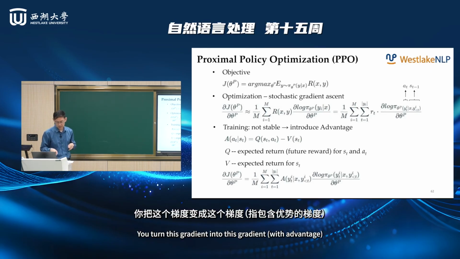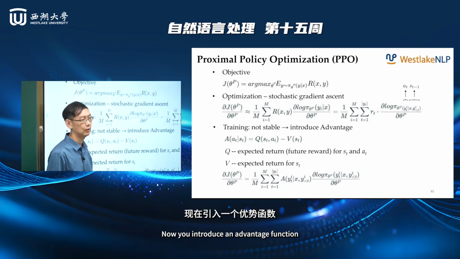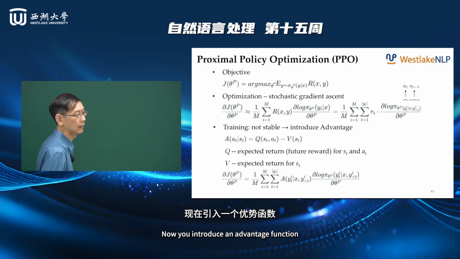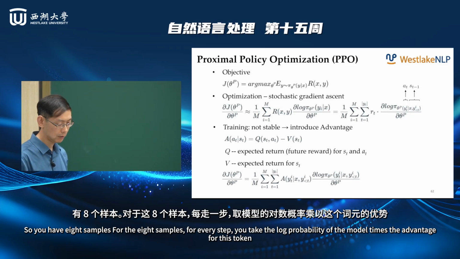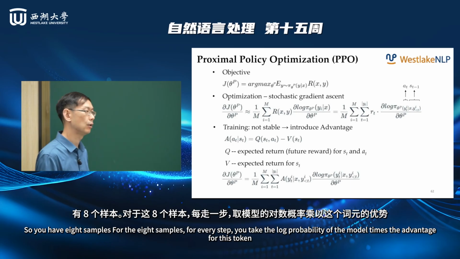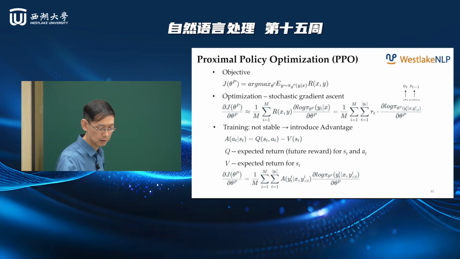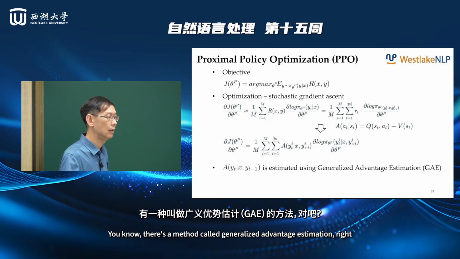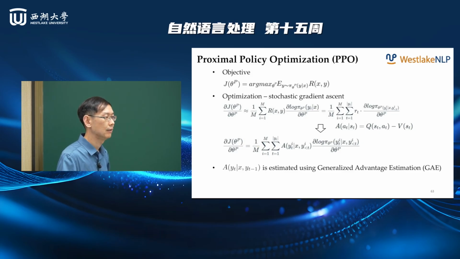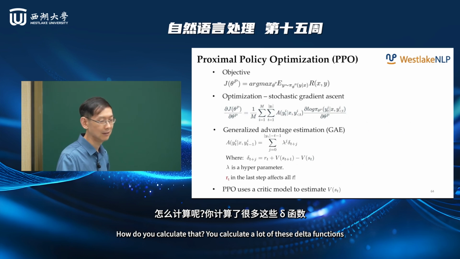So you turn this gradient into this gradient. Now you introduce an advantage function, right? So you have 8 samples. For the 8 samples, for every step, you take the log probability of the model times the advantage for this token. Then, how do you estimate the advantage? You know there's a method called generalized advantage estimation, right? How do you calculate that? You calculate a lot of these delta functions.